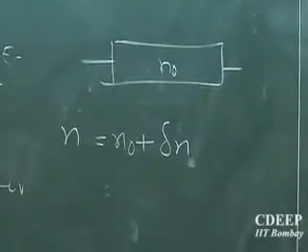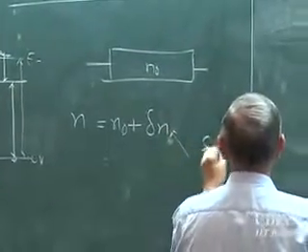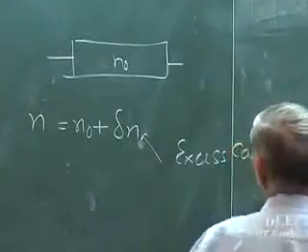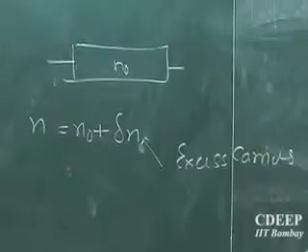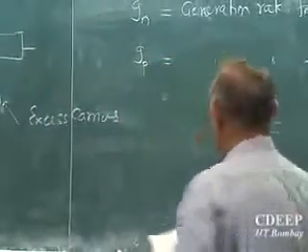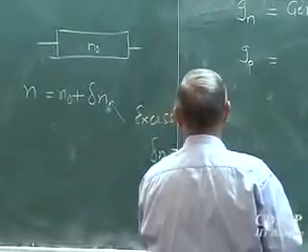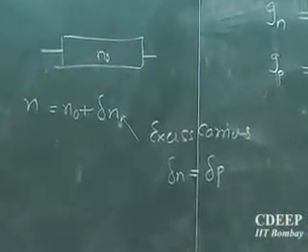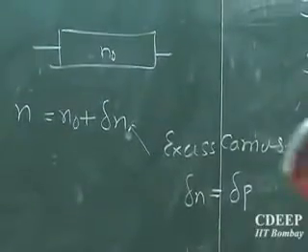Delta n is the excess carriers. The new concentration will be whatever your thermal equilibrium value is plus whatever is excited by the light. Please remember, if it is an electron-hole pair, excess electrons must be equal to excess holes, so it will always be equal.